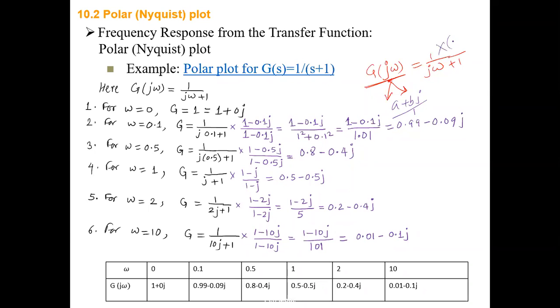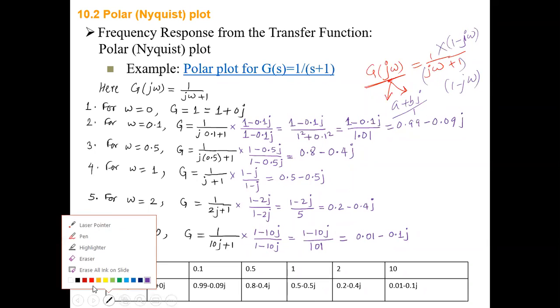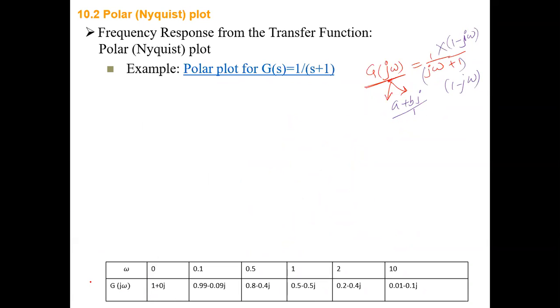Do the complex conjugate multiplication, right? 1 minus j omega. Let me use a different color because the colors are exactly the same here. Okay, so then what do you get? 1 minus j omega divided by 1 plus omega squared.